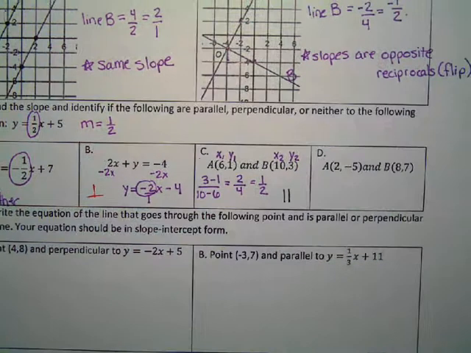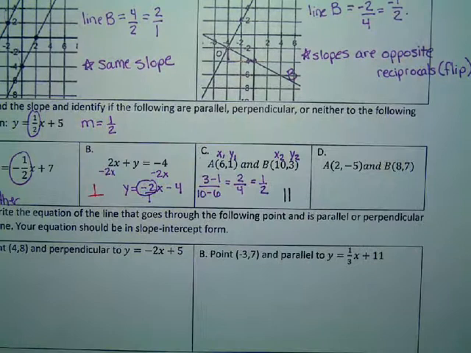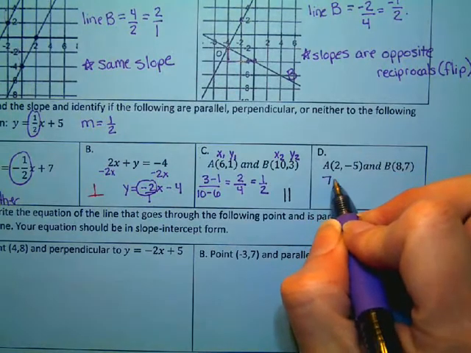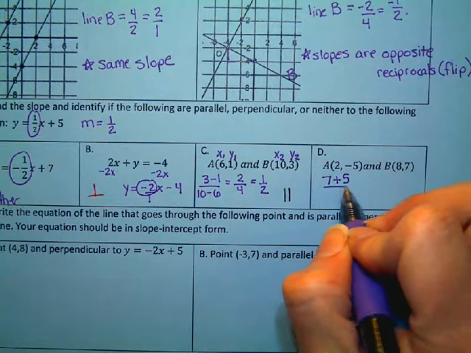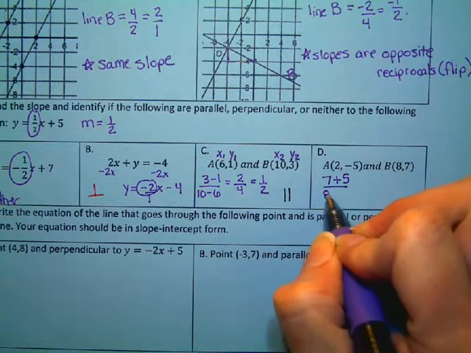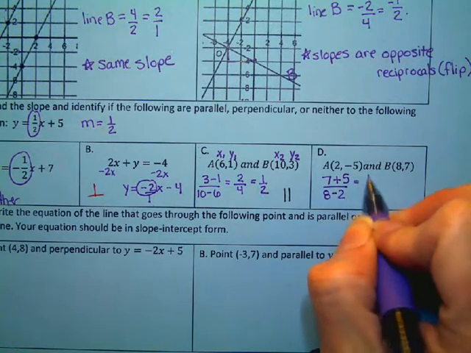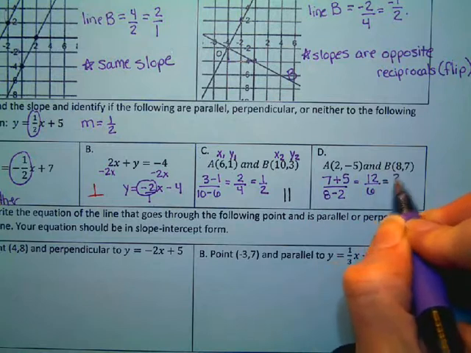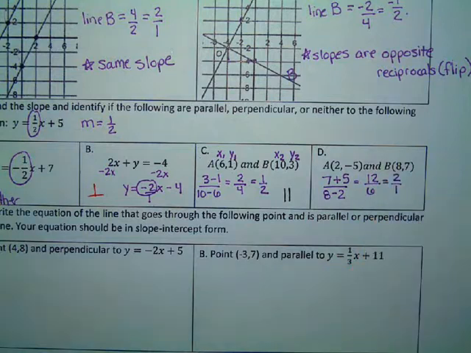Alright, last one here. We're going to find the slope using the same slope formula. On top we have 7 minus a negative 5, so I'll put plus, and 8 minus 2. 12 divided by 6 equals 2, or 2 over 1. So it looks like this is a reciprocal.